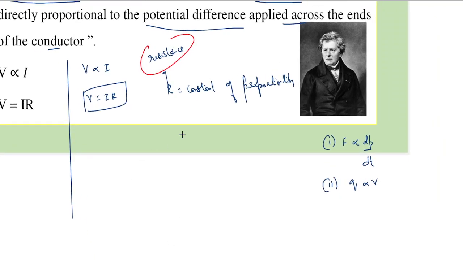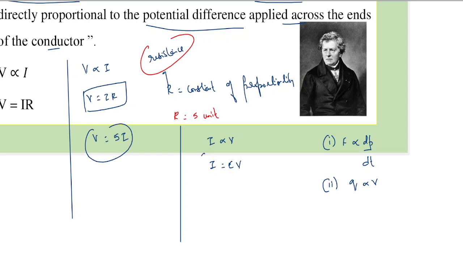Now let us take a case where R is equal to 5 units. We'll define the unit for R in a minute. So here we get V is equal to 5 into I. If you write the law we learned earlier, the law as given by Ohm, there we learned that I is proportional to V. Here we can write I is equal to some constant into V. Now compare the two.